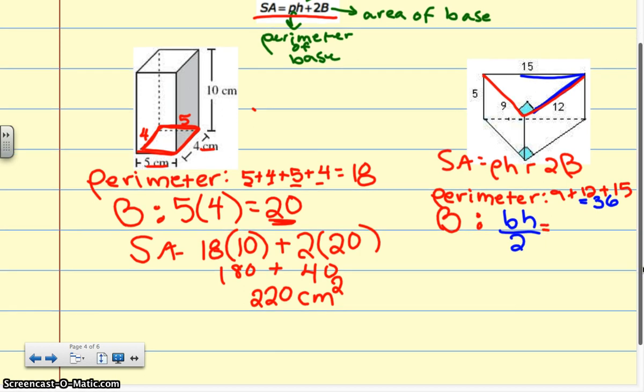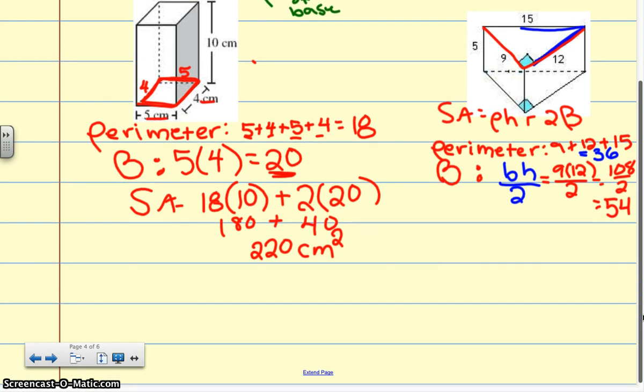So my triangle area is going to be 9 times 12 over 2. 9 times 12 is 108 over 2, which is equal to 54. So that's the area of one base.